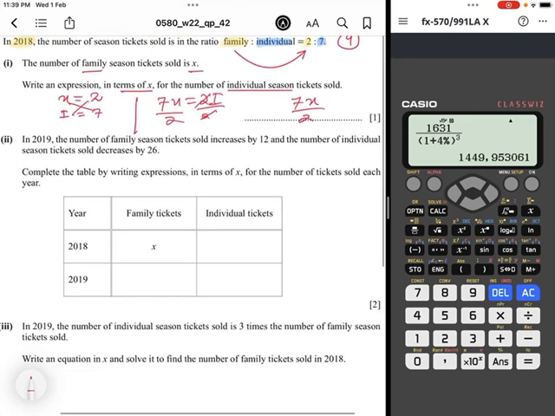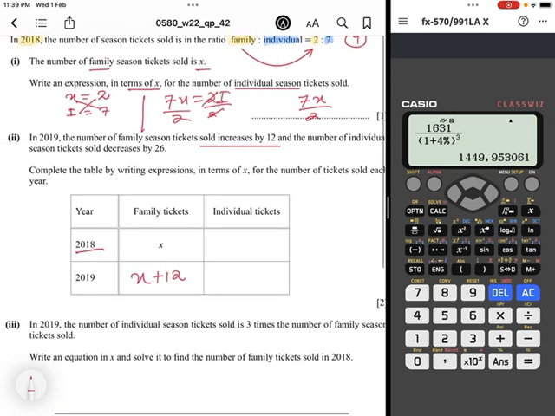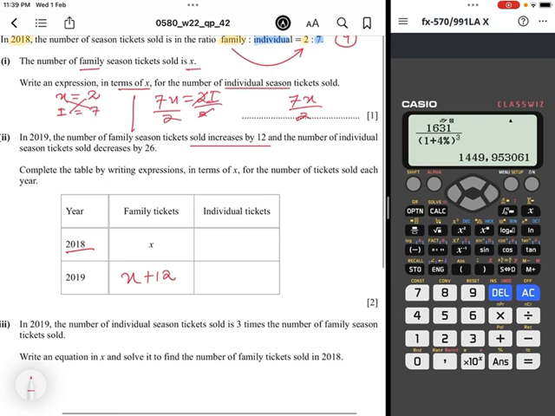In 2019, the number of family season tickets sold increases by 12. So family tickets increase by 12. In 2018 it was x, so now it is x plus 12. And the number of individual season tickets sold decreases by 26.